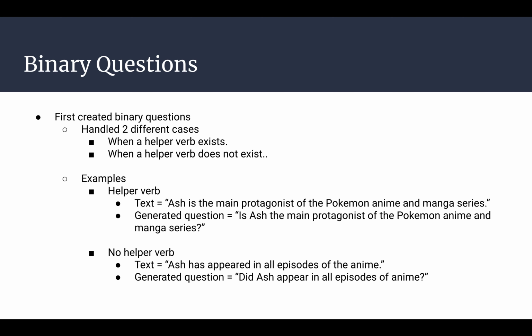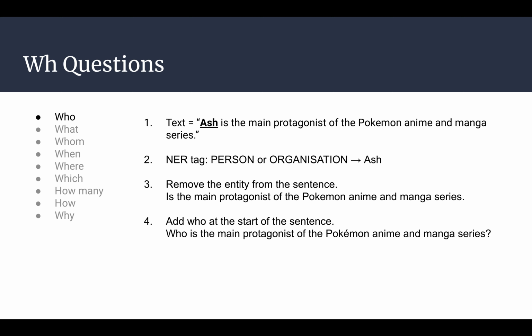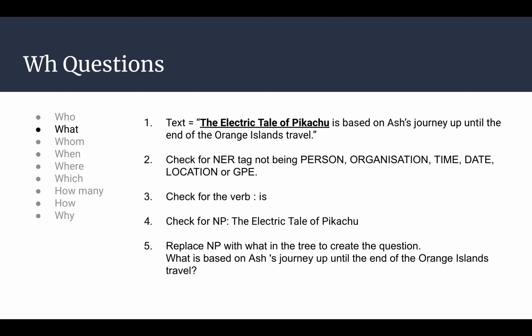Did, do, or does. In the case of WH questions, we begin with our who question, where we essentially rely on the NER tag. We remove the entity from the sentence and then add who at the start of the sentence. For what, we do essentially the same process, except we look for when there is not an NER tag.